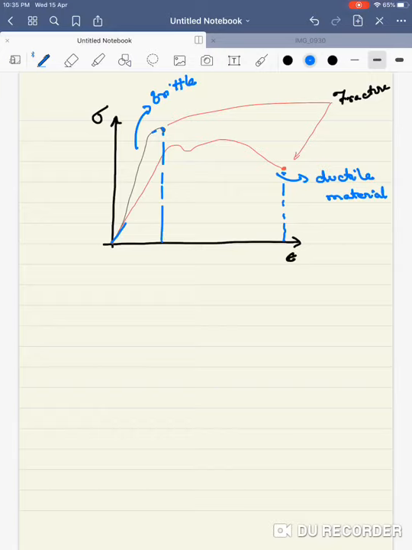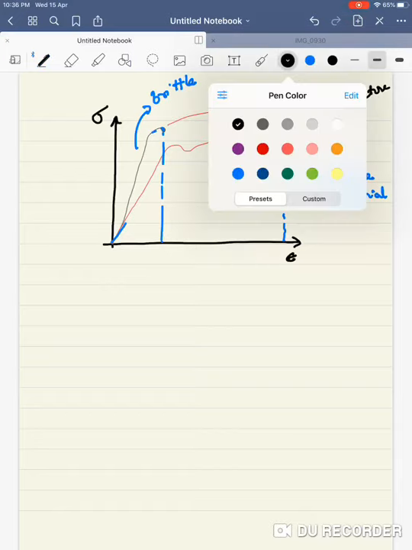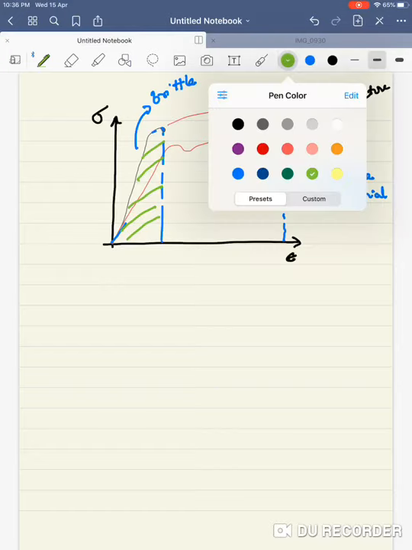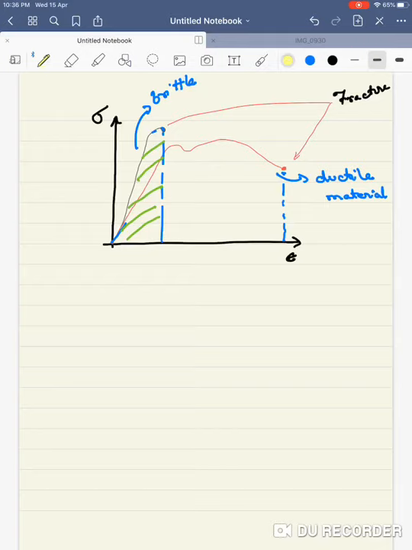The brittle one may have a yield strength very similar to that of the ductile material, but the total amount of energy, I'm referring to the area under this graph. So this is the area for the brittle material, whereas for the ductile material, this is the energy under the graph.